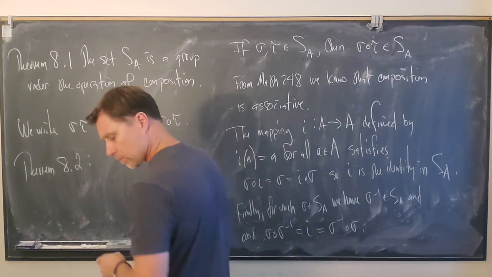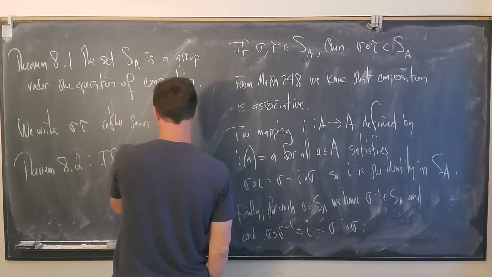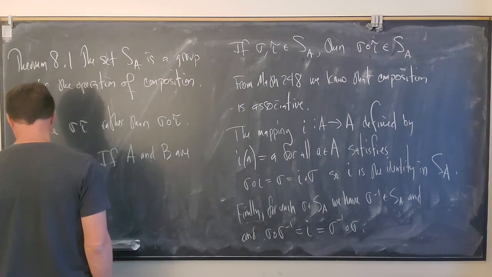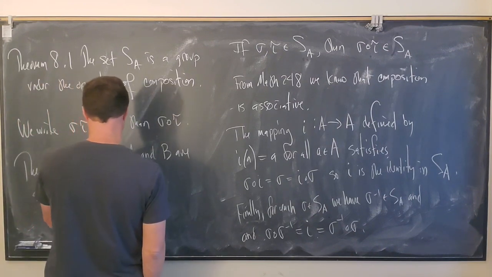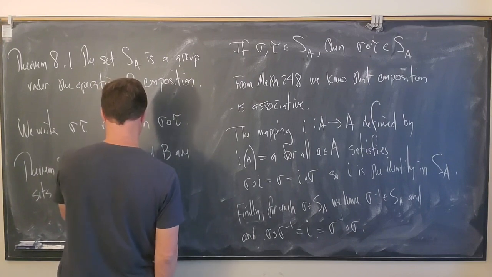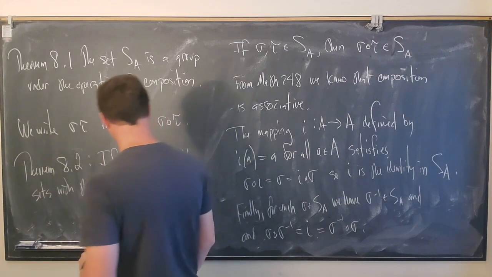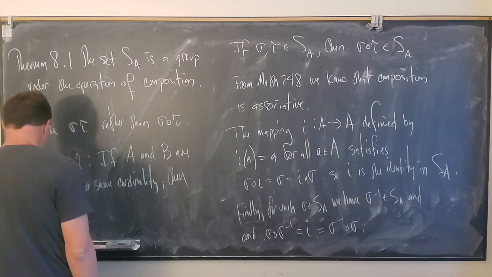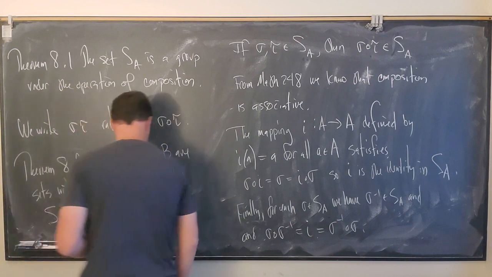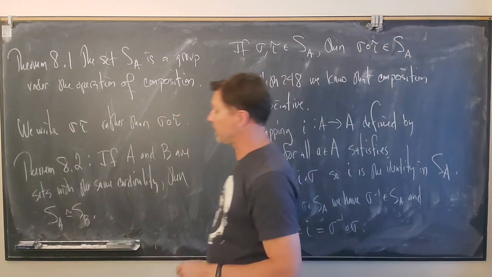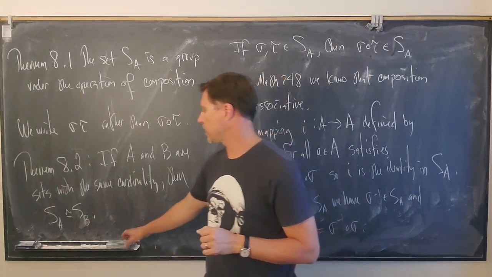If A and B are sets with the same cardinality, then S sub capital A is isomorphic to S sub capital B. So the group of permutations of set A is going to be exactly the same from an algebraic standpoint as the group of permutations of set B.